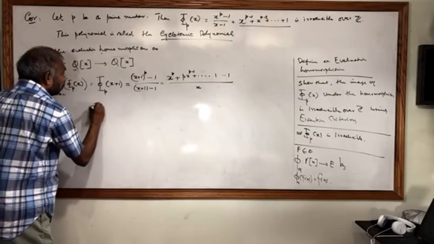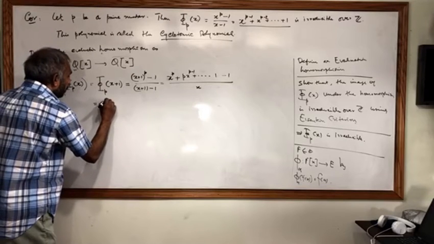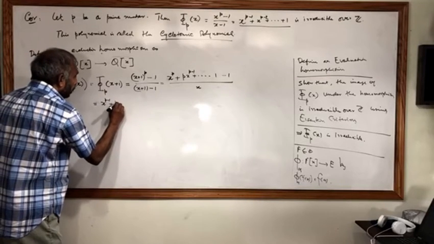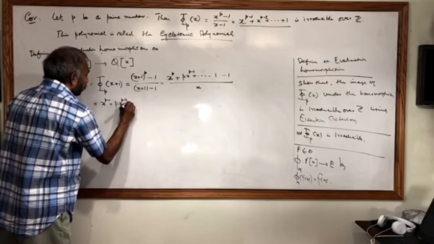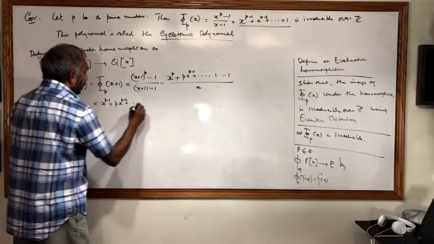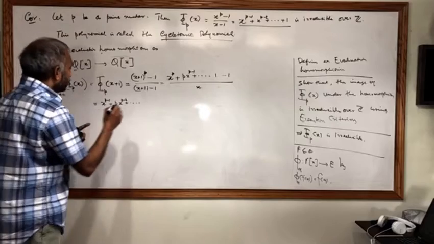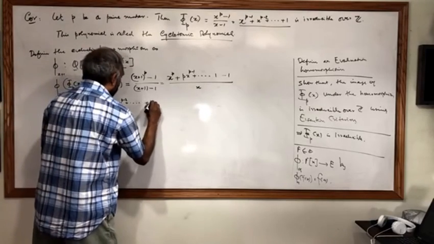And that is equal to x^(p-1) + p x^(p-2) + ... The last term will be again p.